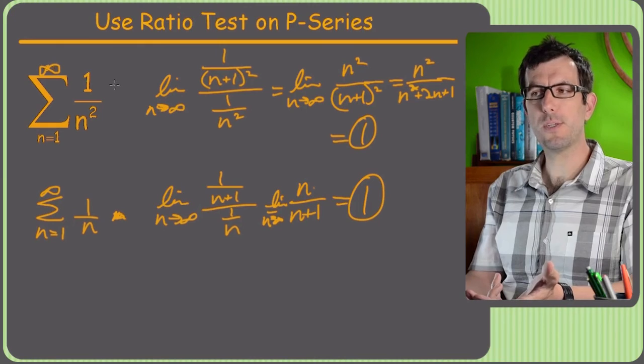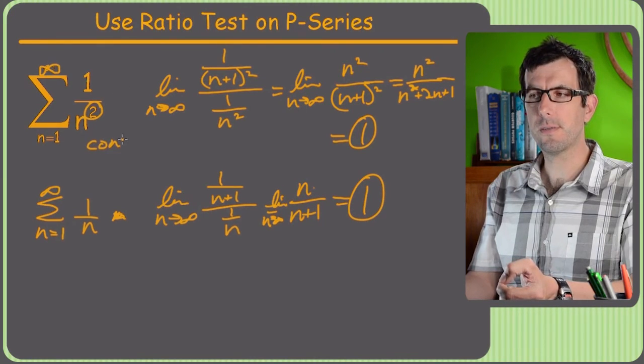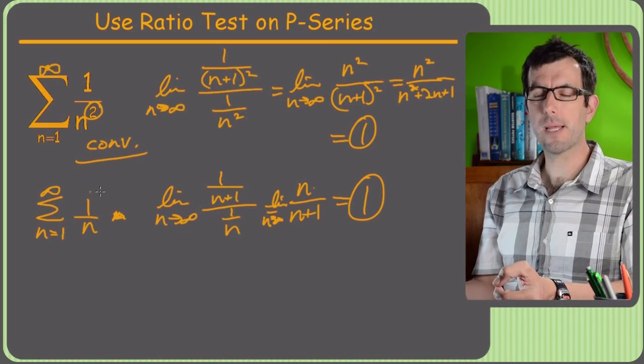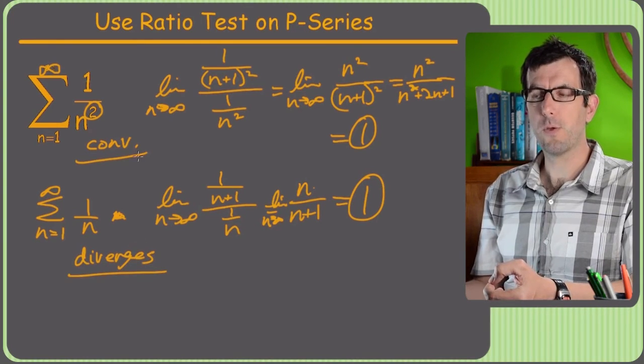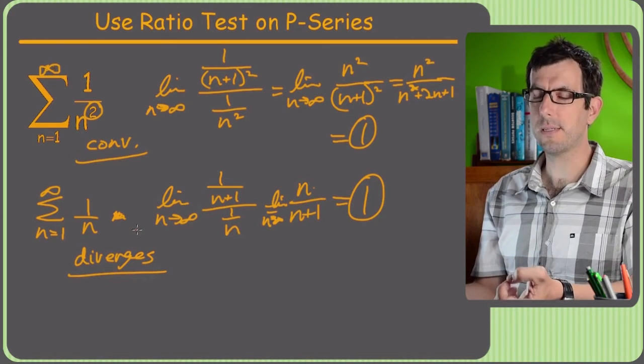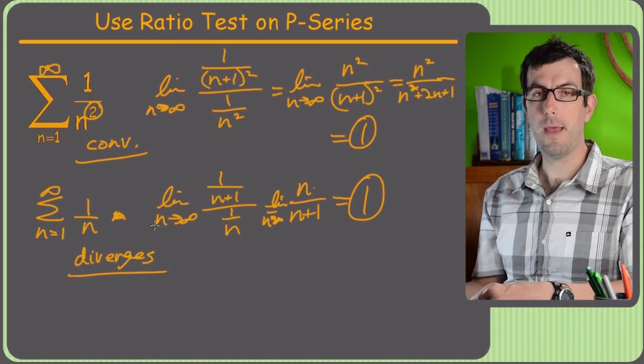So right when you walk up to this, you should be like, oh, that's a p-series with p equals 2. That converges. This is a harmonic series, or a p-series with p equals 1. Point is, it diverges. So without even doing the ratio test, we could have solved these faster than the ratio test. And the ratio test is already pretty fast.